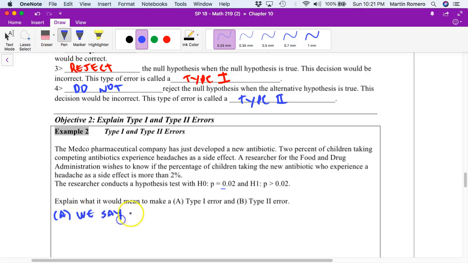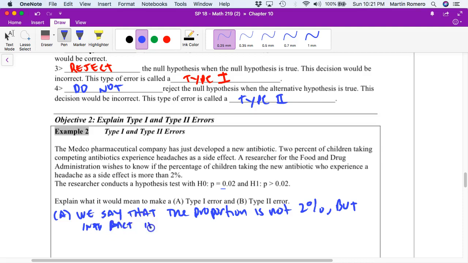We say that the proportion is not 2%, but in fact it is 2%. So we reject this statement when in fact it is actually true. That's a type 1 error.